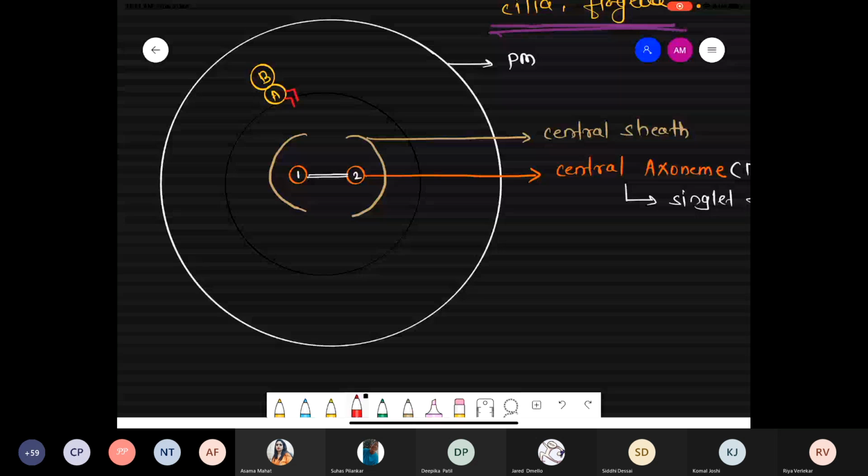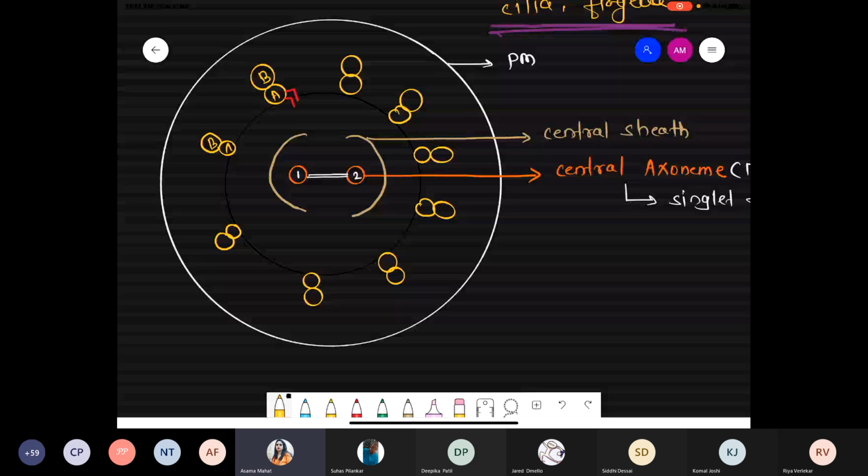2, 3, 4, 5, 6, 7, 8 and the 9. A and B are present in the doublet form. And again there is the presence of the dynein protein, which has ATPase activity.